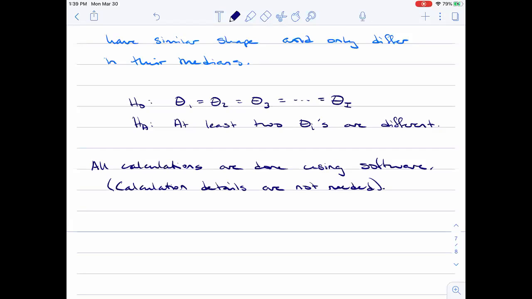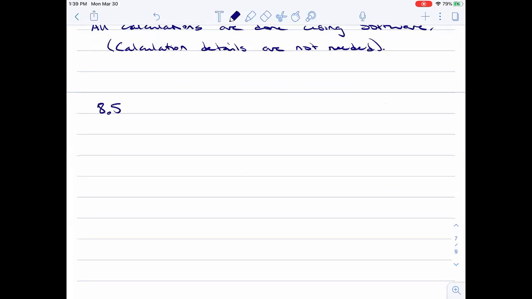8.5 is about randomization F tests. The F test that we've been using assumes a probability distribution. So it assumes that we can follow an F distribution, and so we have to check all these conditions.